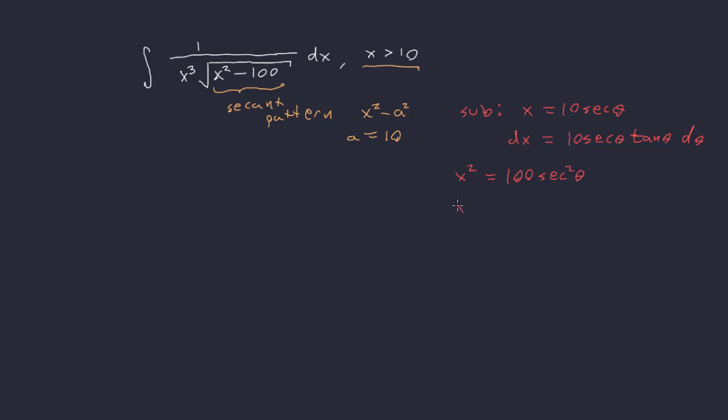Okay, then x cubed is going to be 1,000 secant cubed theta. Okay, so we have more things to fill in, but this x squared becomes this, x cubed becomes this, and the dx becomes the 10 secant theta tangent theta. So hopefully this simplifies into something that we can actually manage.